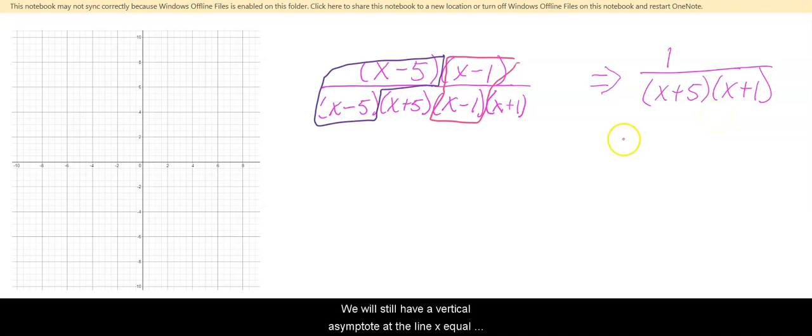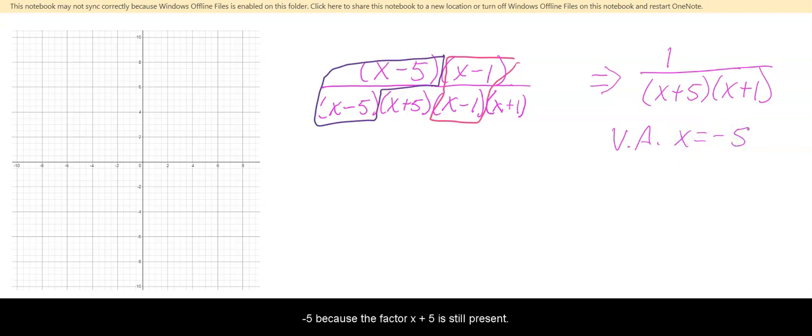We will still have a vertical asymptote at the line x equals negative 5 because the factor x plus 5 is still present. I'll come over to my graph and I'm going to produce a line on that spot. So let me draw a line as best I can down x equals negative 5. That is a no touch, no cross zone.